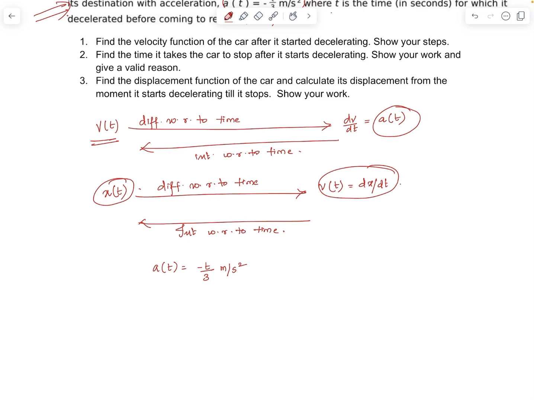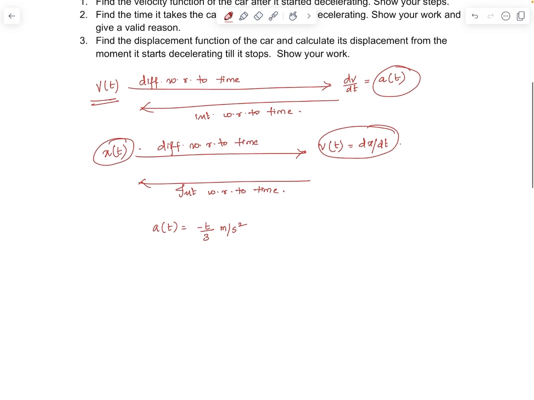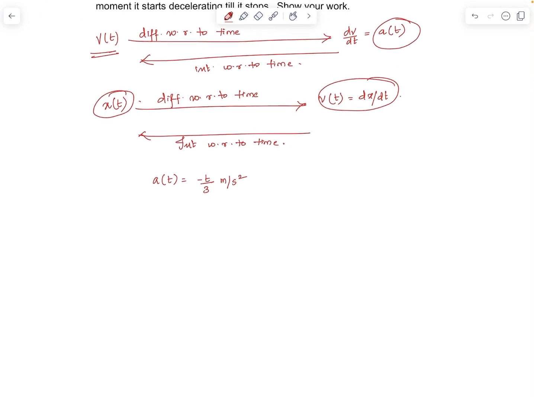The question is asking us to figure out the velocity function. So we are starting with the acceleration, which means we have to integrate this a of t to get v of t. V of t is equal to integral a of t dt.